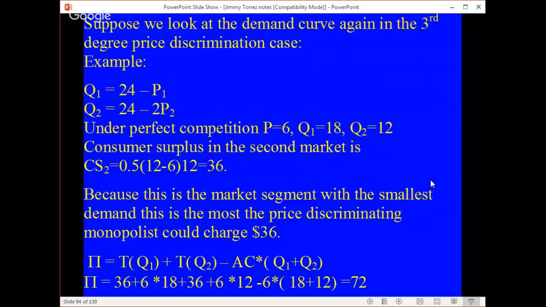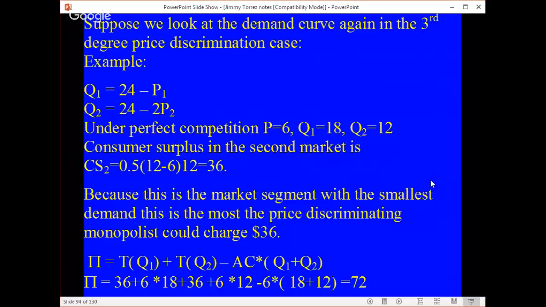Group 1 has a consumer surplus greater than 36. So my profits would be my revenue from group two, 36 to get in plus 6 times 12, and from group one, 36 plus 6 times 18, minus my total cost, 6 times 18 and 6 times 12, and that gives me a profit of 72.